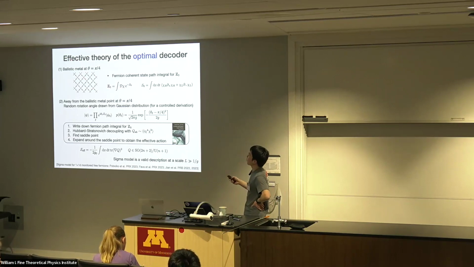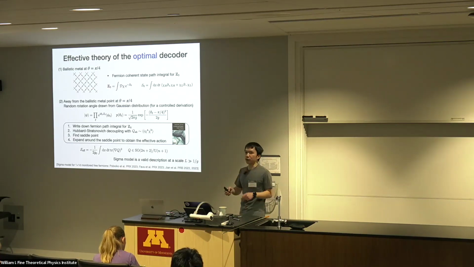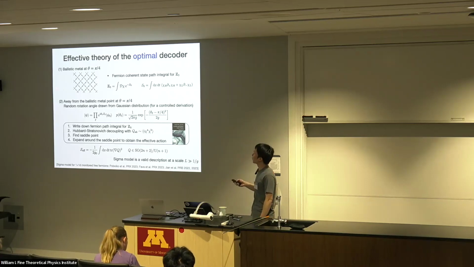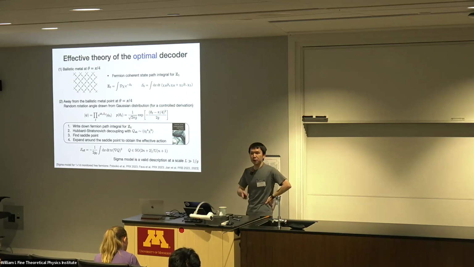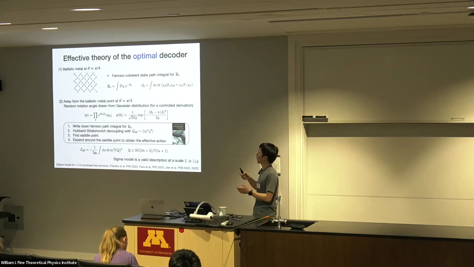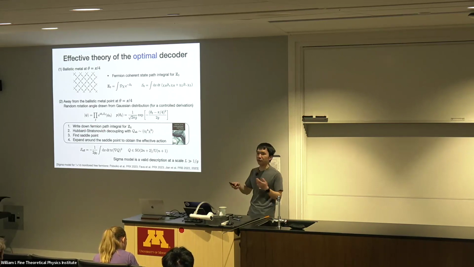When you perturb away from pi over 4, the averaging over syndrome configurations will generate inter-replica interaction. The symmetry we identified in the previous slides motivates us to derive the effective field theory as in the usual condensed matter textbook, by writing down the path integral, doing the Hubbard-Stratonovich transformation, finding the saddle point, and expanding around the saddle point.